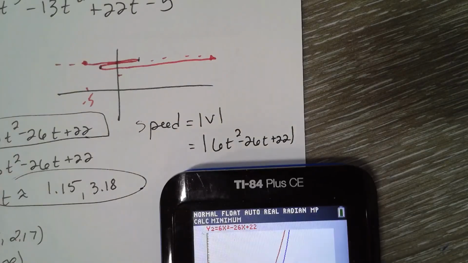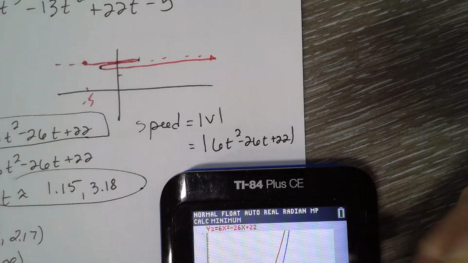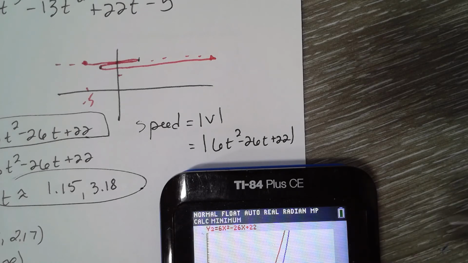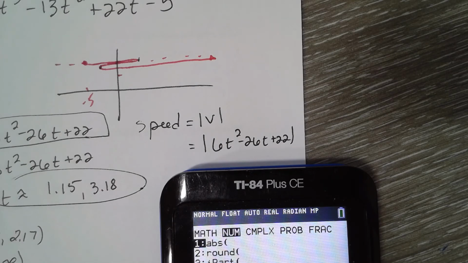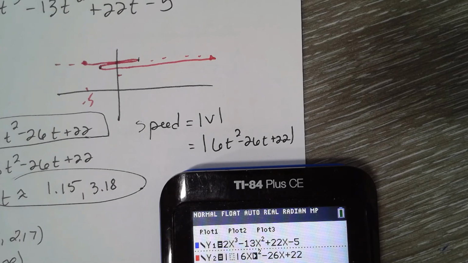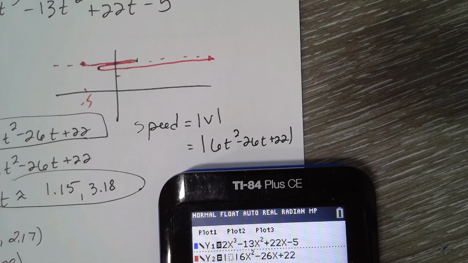If I wanted to, I could just take the absolute value of this red, and it's just not going to allow it to go below the x-axis. It's going to bounce off. So I guess we could do that. Go to y equals, I'm going to insert absolute value. That didn't let me insert it.